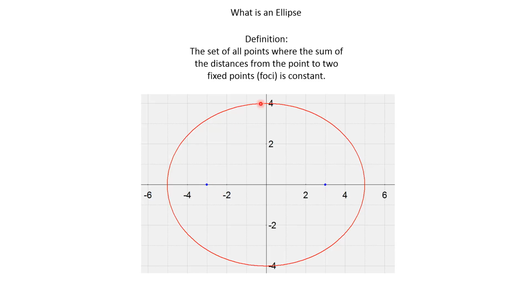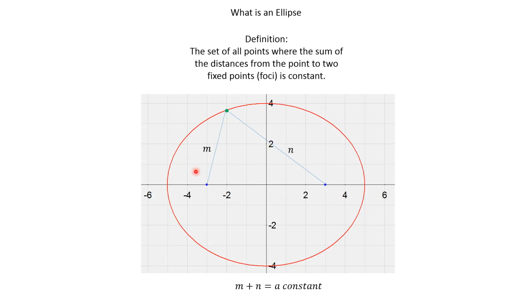Anyway, if we pick any random point on the ellipse, let's say this point right here, this distance to this focus plus this distance to this focus will be the same no matter what point we pick. And so if this distance is m and this one is n, m plus n will be a constant for this ellipse. So in this case, it happens to be 10.